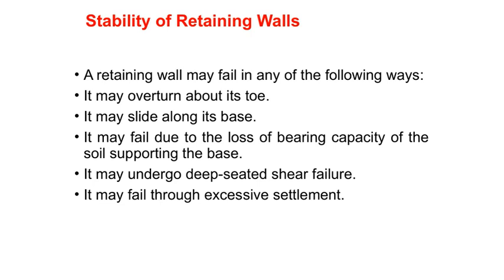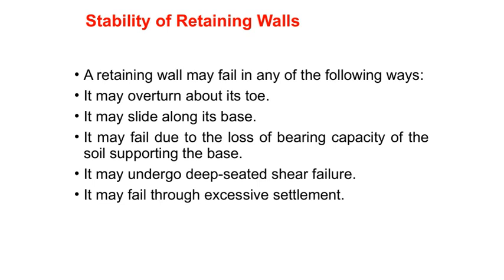If the soil loses its bearing capacity, meaning it can no longer support the load, the wall can settle or even collapse. Deep-seated shear failure is another critical concern, where failure occurs along a deep slip surface within the soil, compromising the wall's stability from within. Lastly, excessive settlement, which is uneven or significant sinking of the wall over time, can also lead to failure.